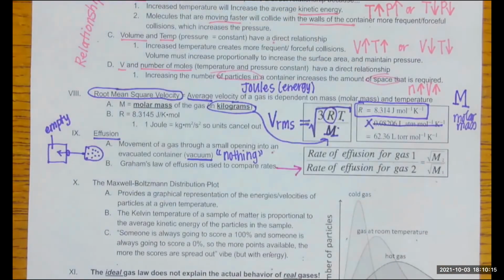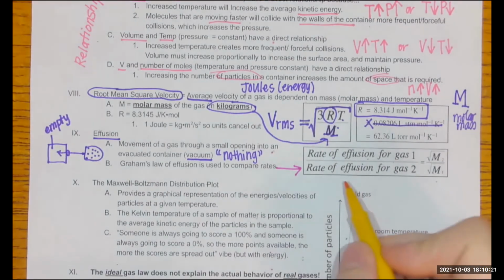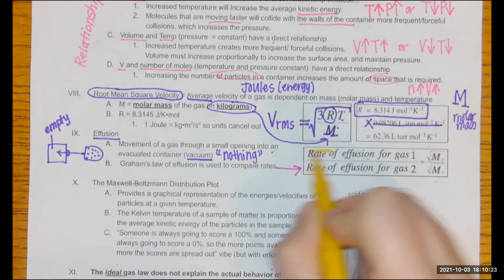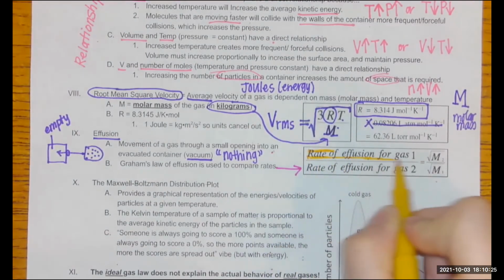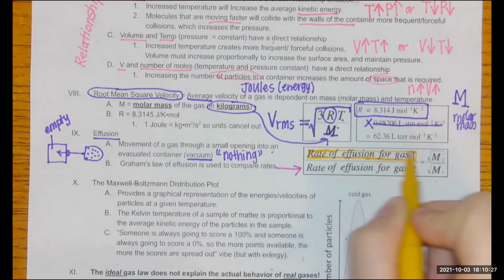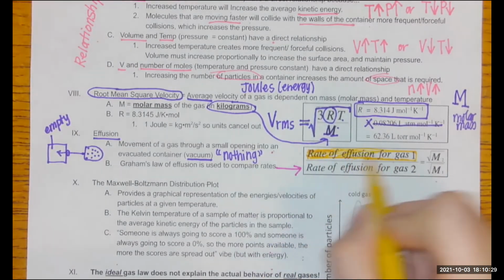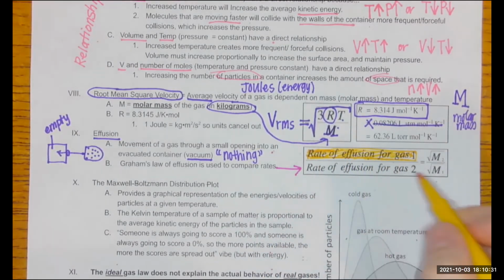The tricky thing about this formula is that the rate of gas 1, let me put this in yellow. I wish I had a highlighter, but I don't. The rate of gas 1 corresponds to this box down here.